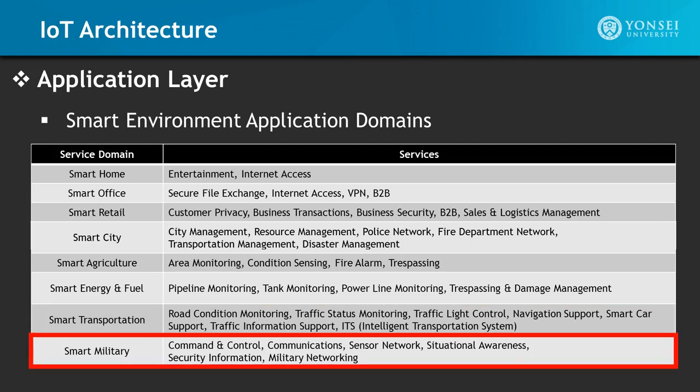Smart military: command and control, communications, sensor networks, situational awareness, security information, and military networking. All of these combine into the application domains that are for smart environments supported by IoT technology.